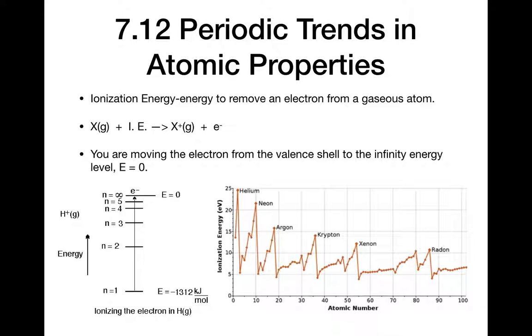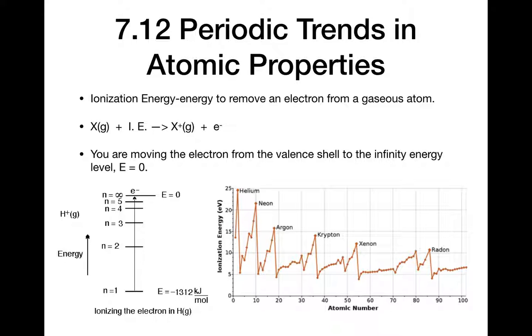Now those are actually inner energy levels, and so you are adding a proton to the nucleus while adding an electron to an inside level, and so you almost get 100% shielding, canceling out the effect of adding the nuclear proton. So that's why they're practically level in the d orbitals and the f orbitals here.